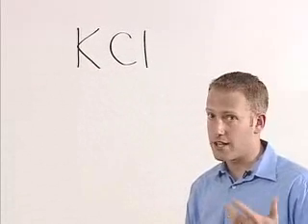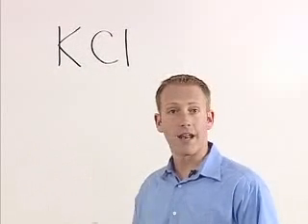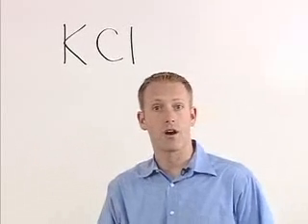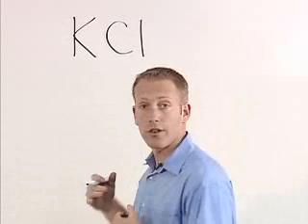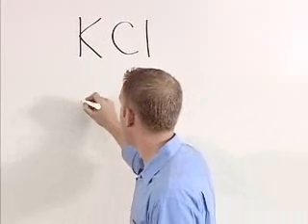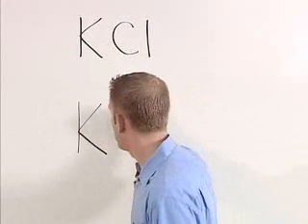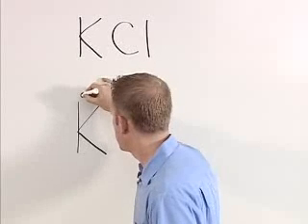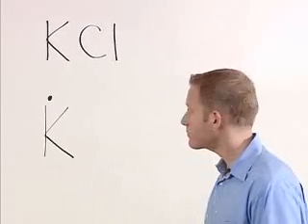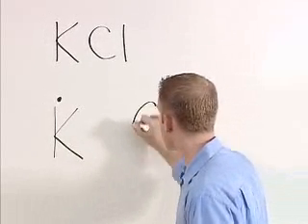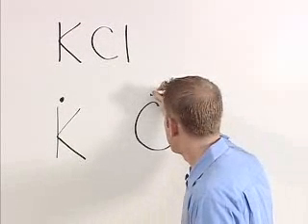And you know that, again, you could check on the lesson on the periodic table where we talk about metals and nonmetals. Potassium, let's draw the Lewis structure first. Potassium has 1 valence electron. So its dot structure looks like that. Chlorine has 7.